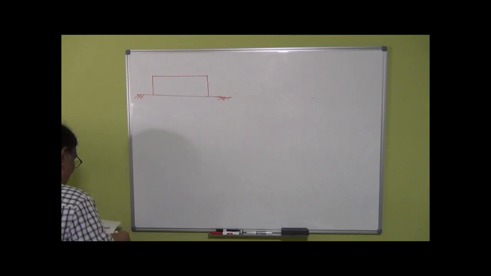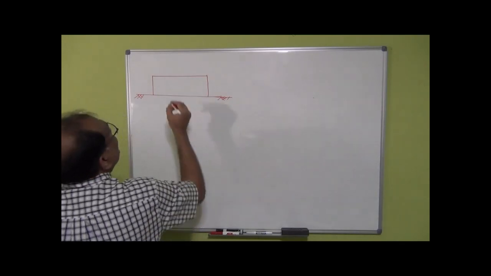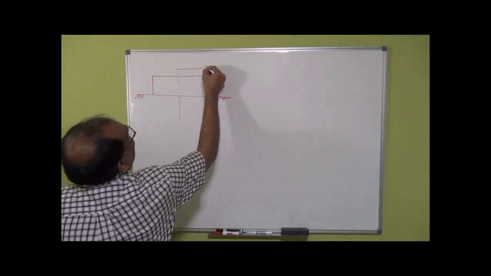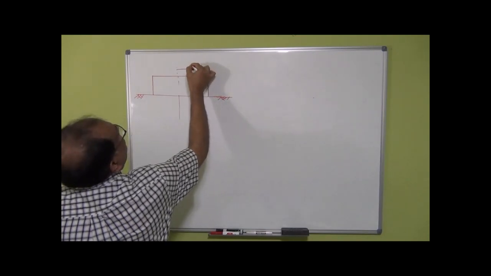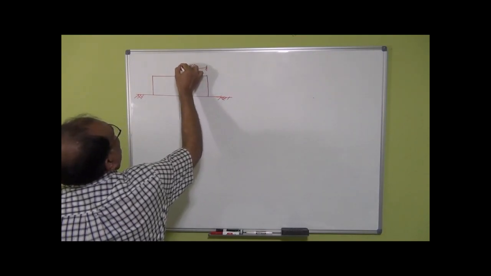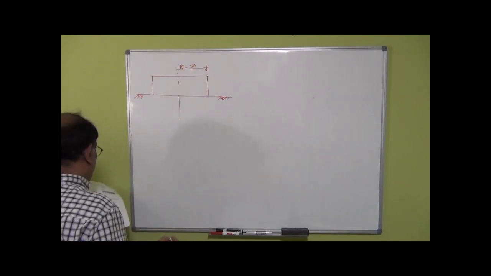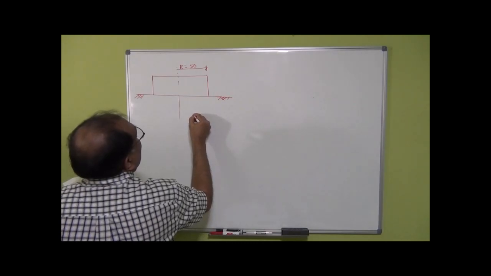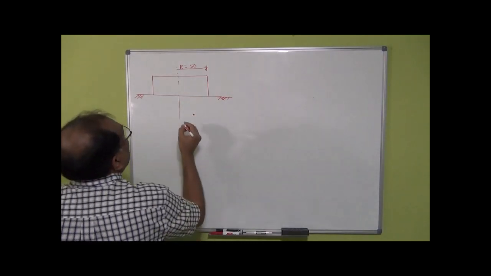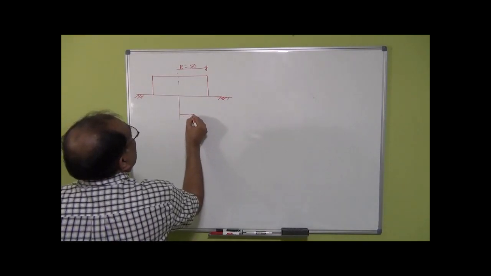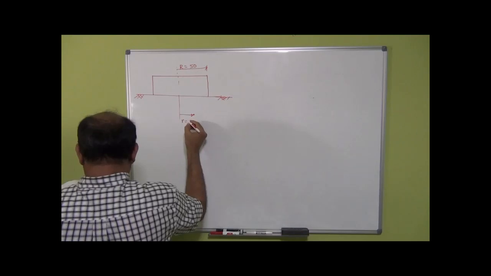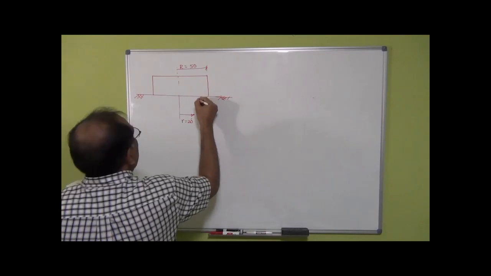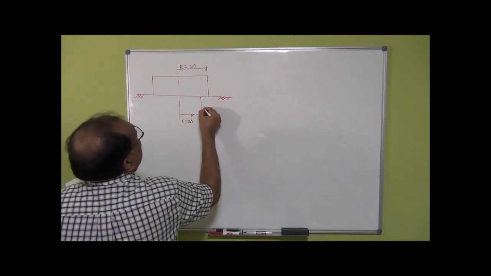That's a circular tank, and the radius of that tank is 50. We usually call that uppercase R. I want to find out at a point here which is 20 feet away from here, and this distance is, let's say, 50 feet.